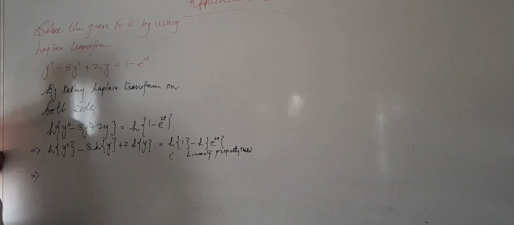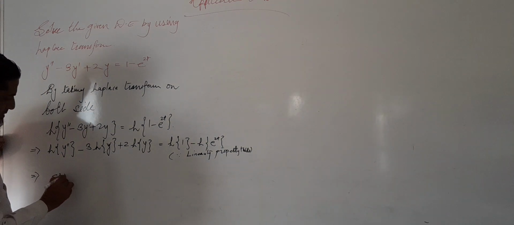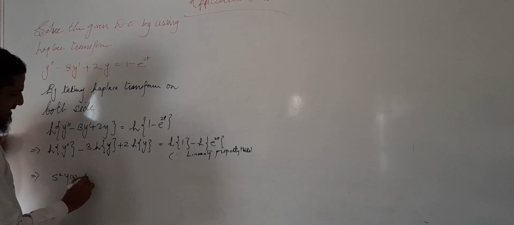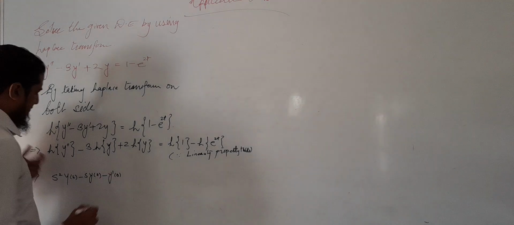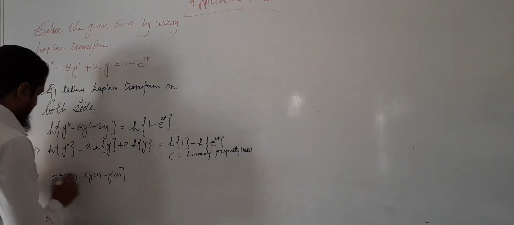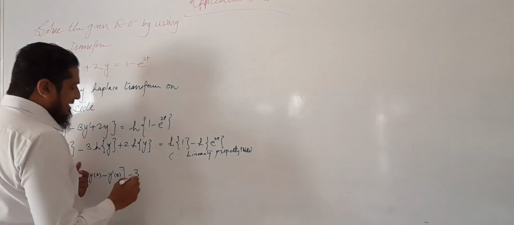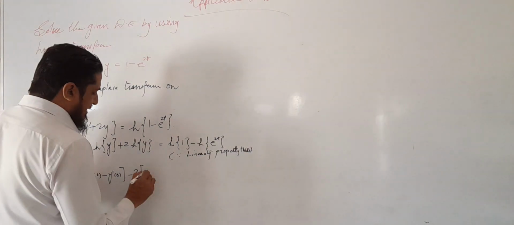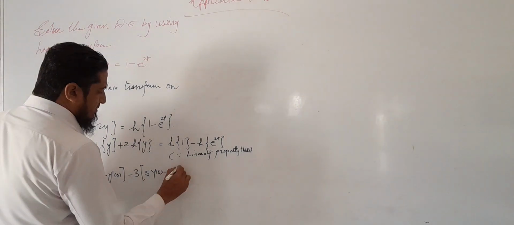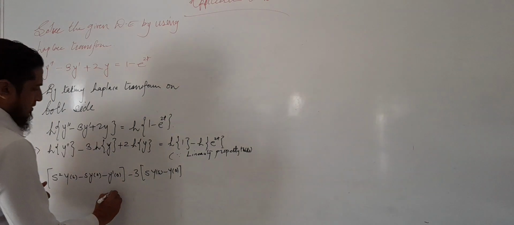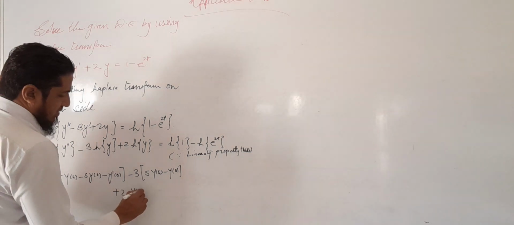Now, by applying Laplace transform of derivative, we will get s square y of s minus s y of 0 minus y dash of 0 for this particular part, plus 3 Laplace transform of y dash, again Laplace transform of derivative, so we will get s y of s minus y of 0, plus 2 Laplace transform of y would give us y of s.